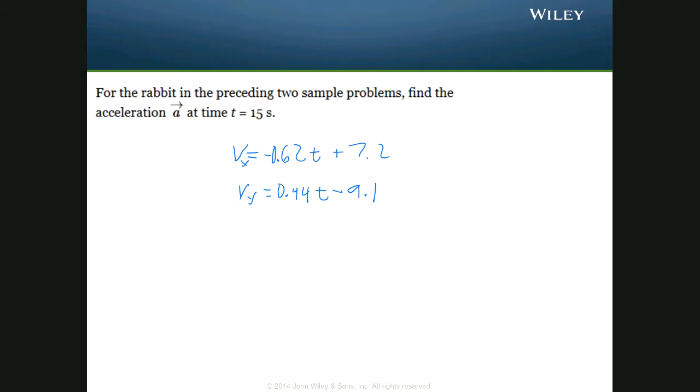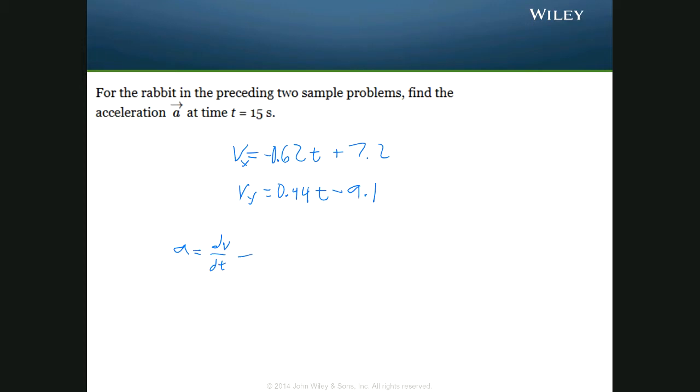Now, looking at Vx and Vy, we just take the derivative again. So it should be pretty simple. We're going to see that process again to get a. Remember, a equals dv/dt. I just want you to see this as many times as you can.